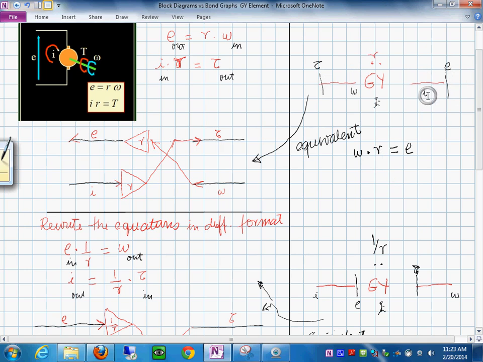Or you have that tau is equal to I times R. So these two equations correspond to this bond graph model, which are the same equations.